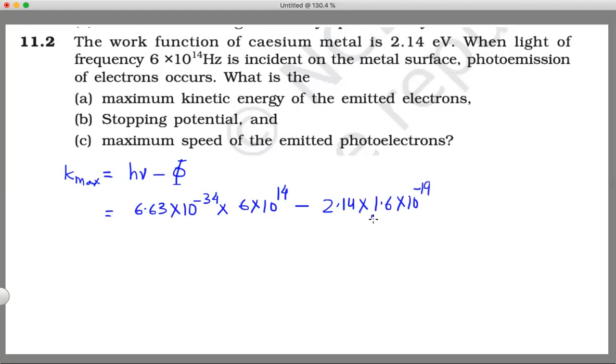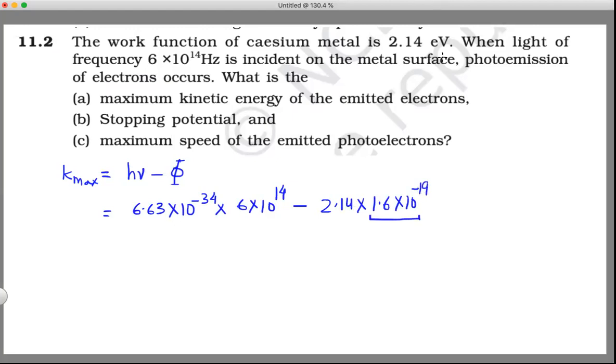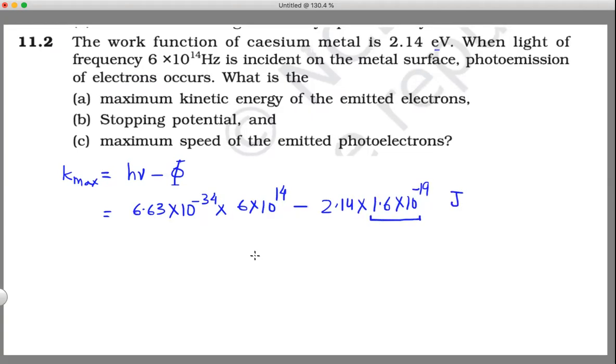You know why I multiplied it with this? Because it is in electron volts. To convert it into joules, I have to multiply it by the charge on an electron. So this answer will be in joules because all the units are in SI units. Now we need to do this calculation.